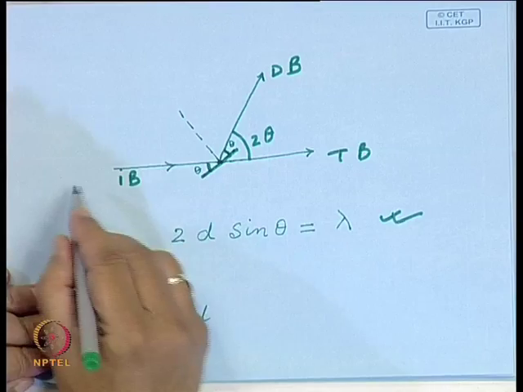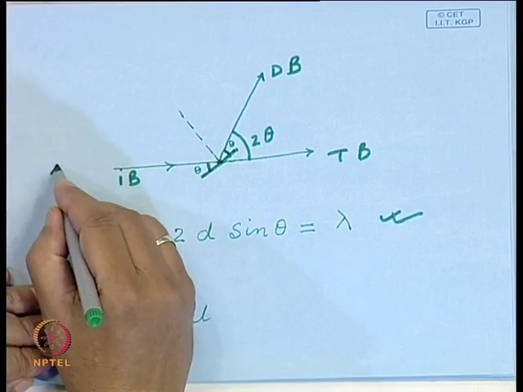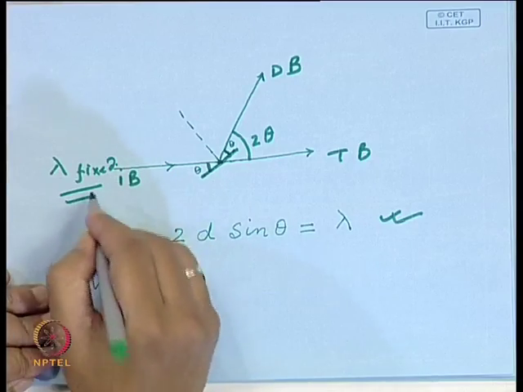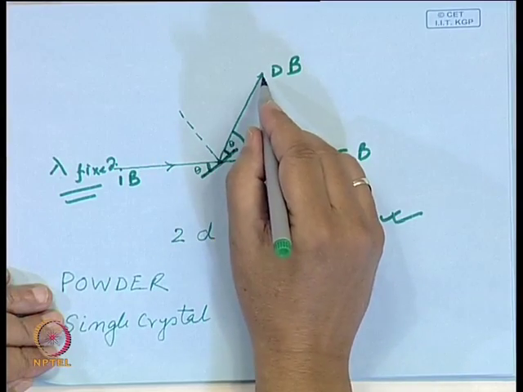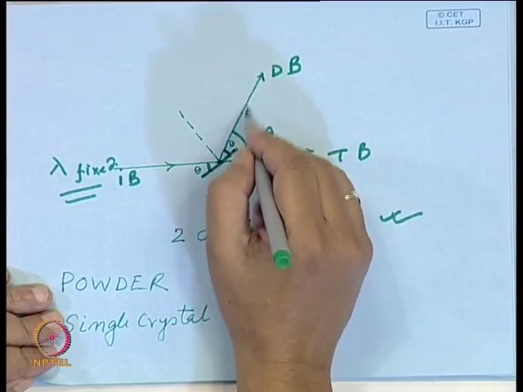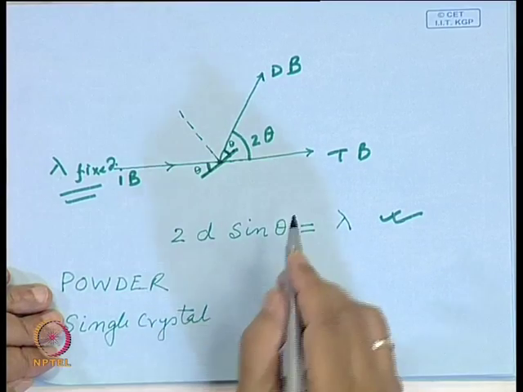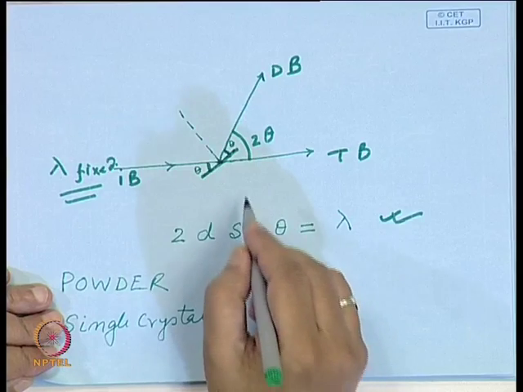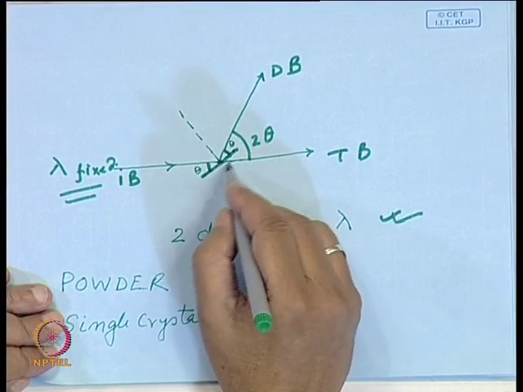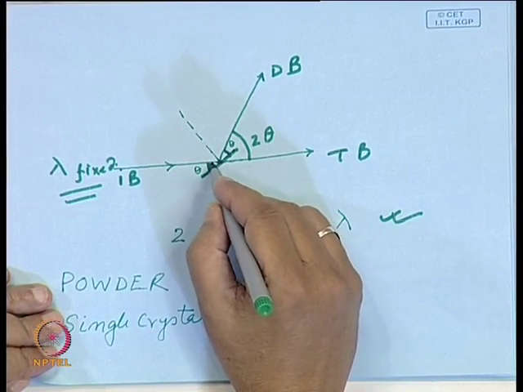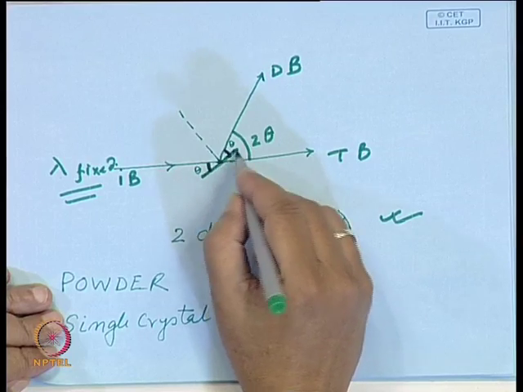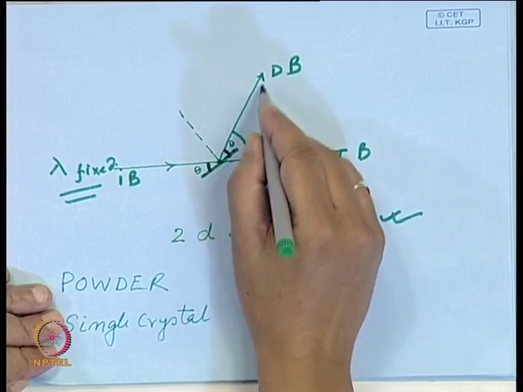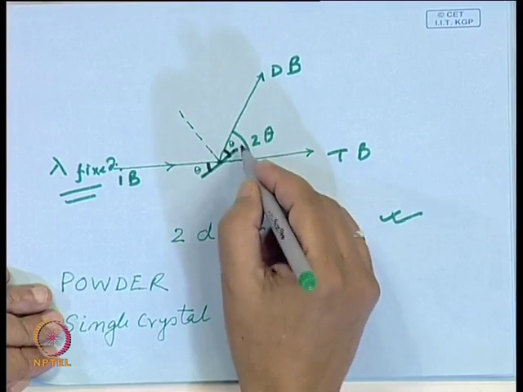Suppose your beam is monochromatic, so lambda is fixed. To get a diffraction pattern at this particular place, you have to have a particular crystal which will satisfy this relationship, and this can be done in 2 ways. If you have multiple crystals, some particular plane of a particular crystal will satisfy this, which can be visualized like this.